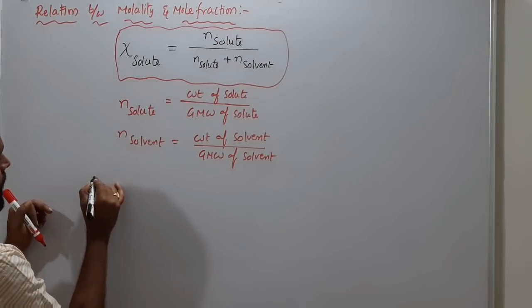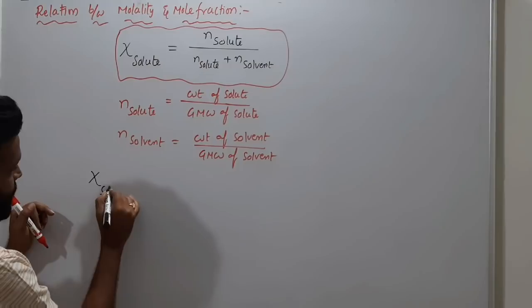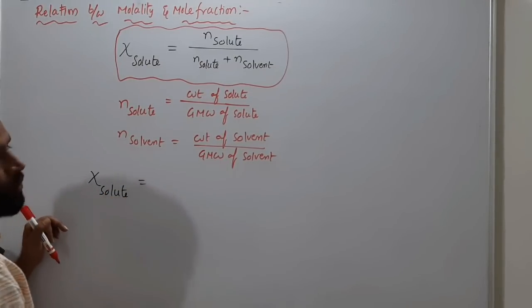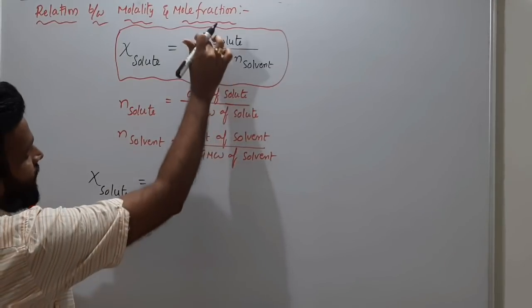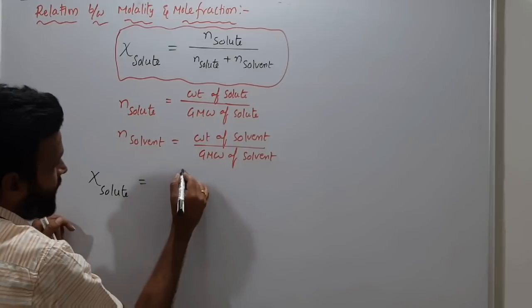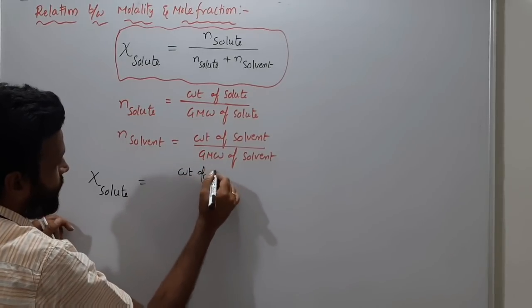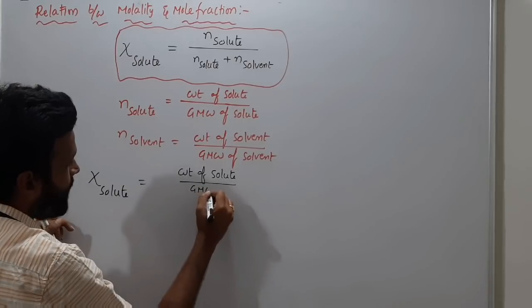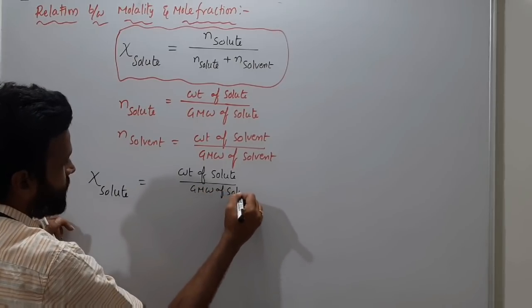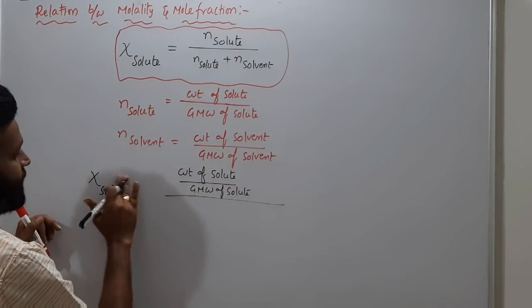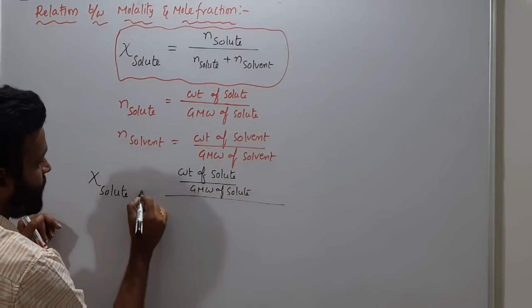So what you will have: mole fraction of a particular solute is equal to, instead of number of moles of solute, I will substitute this. So it is weight of solute by gram molecular weight of solute. So I am having this mole fraction of solute here.